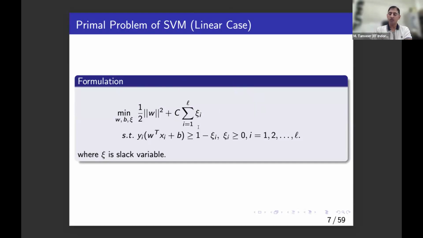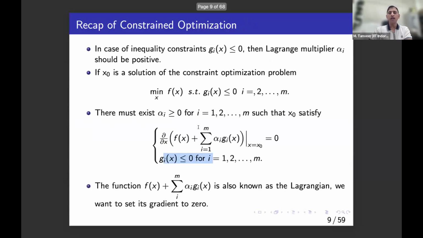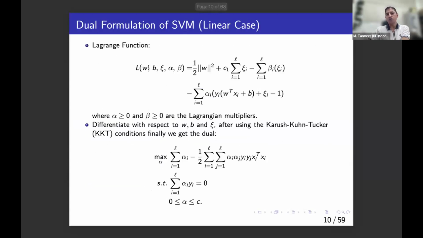Then we take the partial derivative, equate it to 0, and solve it. We did it in the same manner: first construct the Lagrangian function, then take the partial derivatives with respect to w, b, xi, and equate them to 0.